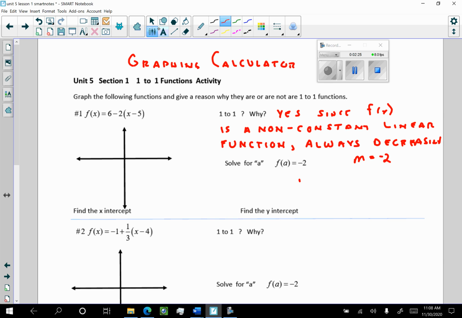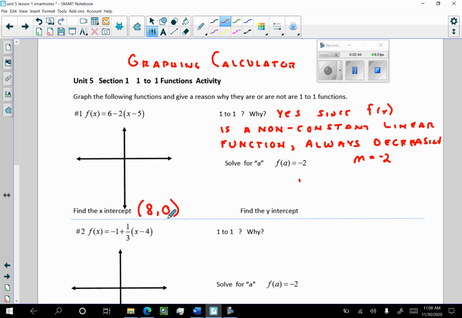Well, what maps to 0? Put this in your graphing calculator and go to second 0, and you're going to find that (8, 0) is the x-intercept.